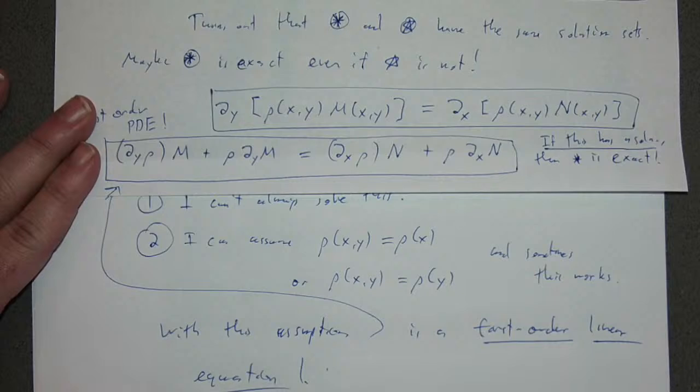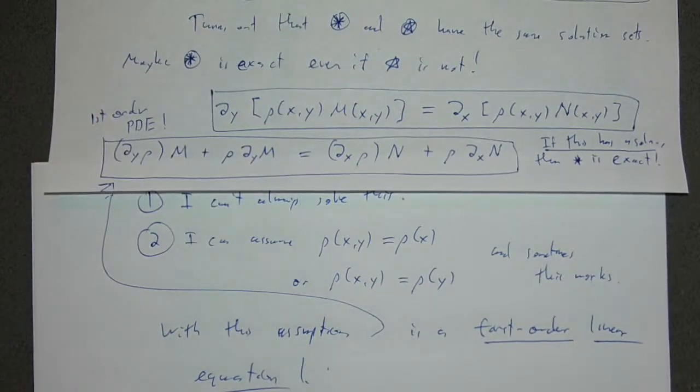So this is where the integrating factor terminology comes from. Because rho is going to be a solution to this first-order linear equation, which means that it is itself going to be an integrating factor, in the sense of linear equations. Okay, first-order linear equations.